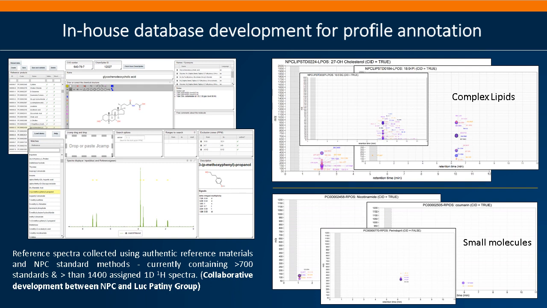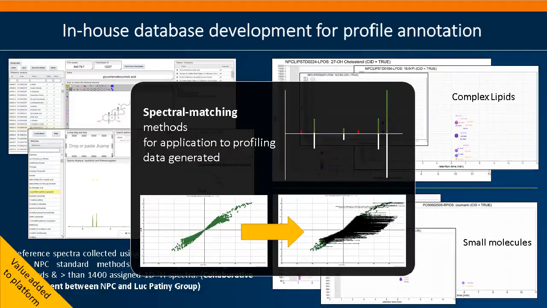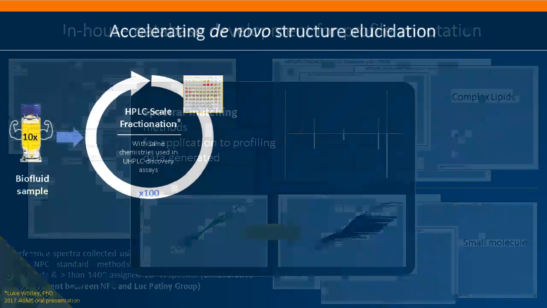So this is something our group's been very active in, as well as the generation of spectral matching methods to ensure that we're able to connect reference data obtained from reference chemicals to data generated either by NMR or by LCMS, and thus we're able to put names on hundreds, hopefully soon thousands of chemical measurements and pass those along to our collaborators, even before we know whether or not they're statistically significant in any specific investigation of the data.